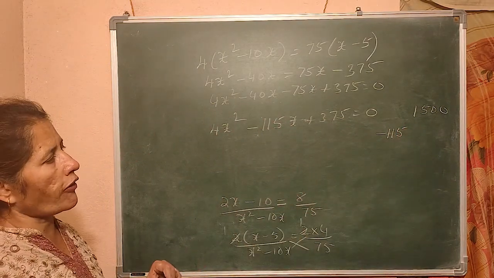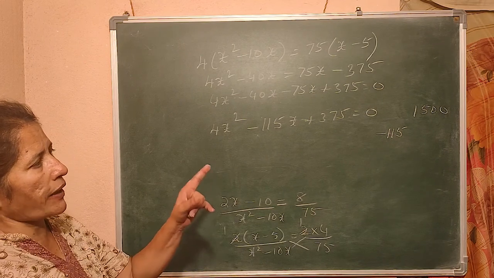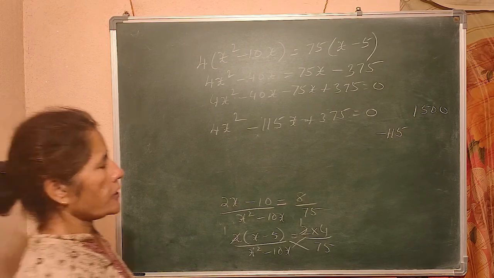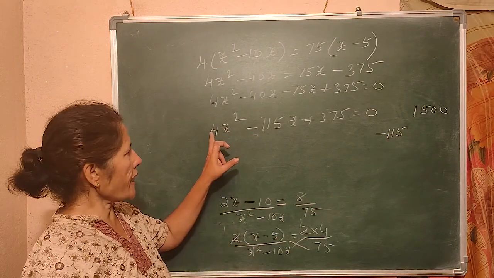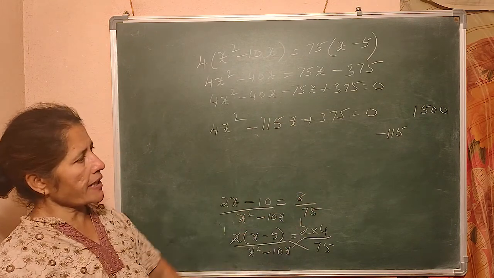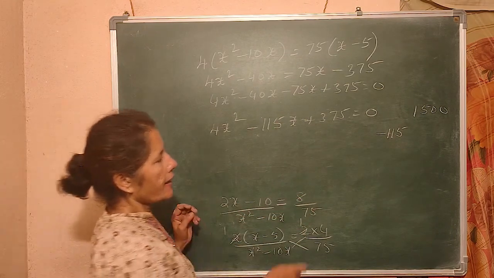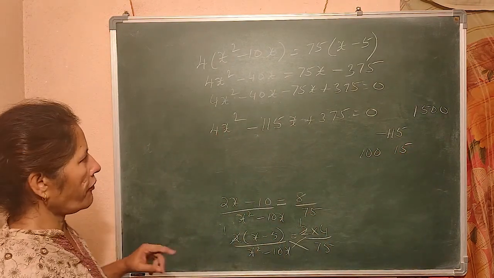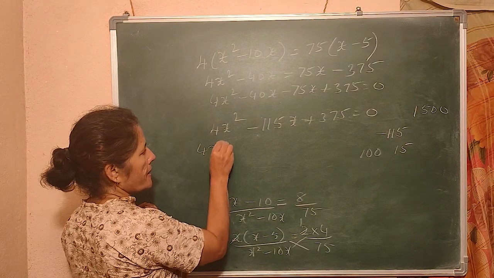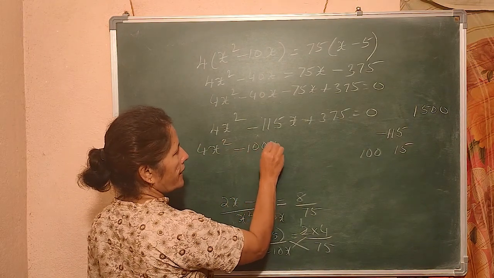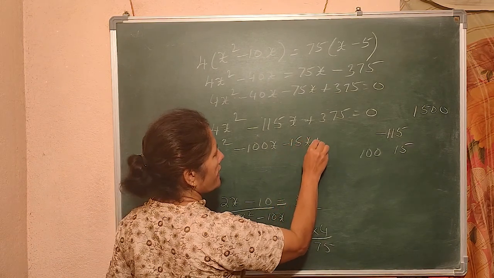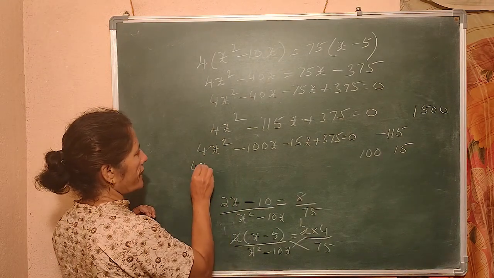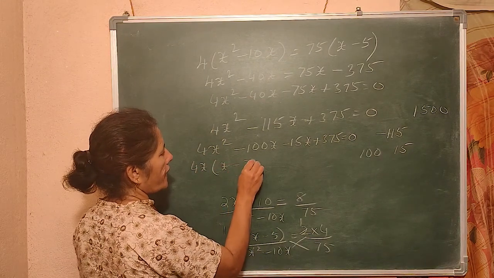Right? So think, how can you do this? The sum is minus 115 and the product has to be 1500. So 4x squared minus 100x minus 15x plus 375 is equal to 0. So 4x is common, take it out: x minus 25.